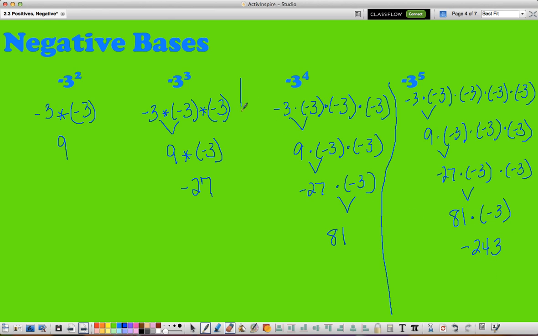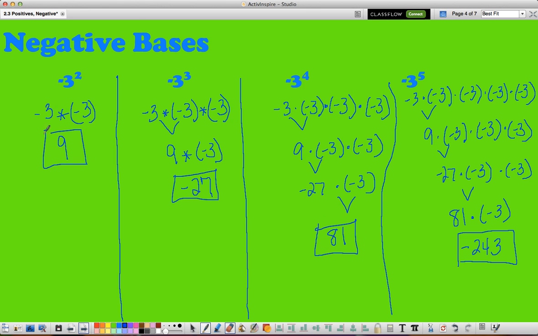So I want you to look at this and see if you see anything that would help you indicate whether or not your answer, your solution would be positive or negative. Is there anything that you noticed, any pattern that you noticed in terms of your number in exponential form and your solution? What you should have found is that any time that your exponent is odd, you're going to get a negative number.